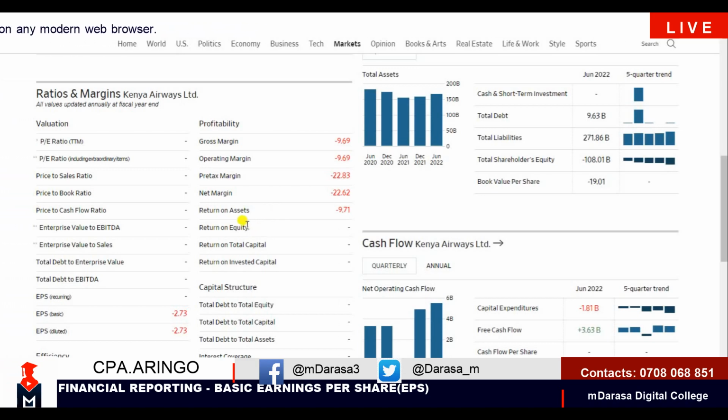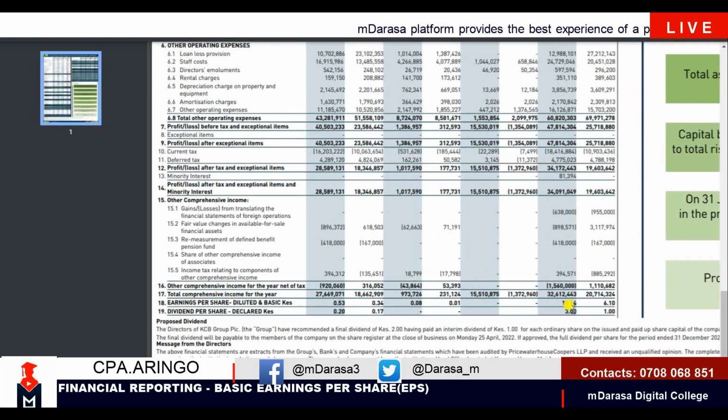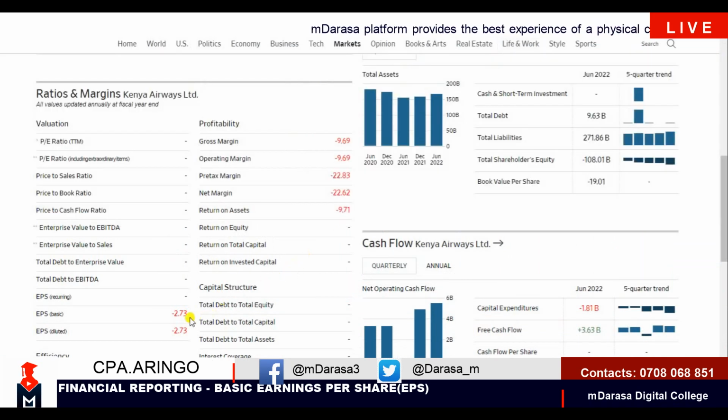For disclosure purposes, Kenya Airways has disclosed it in two bits: EPS basic and EPS diluted separately, which at this point is basically a loss. Compared to KCB, where we had a profit, here you're having a loss.